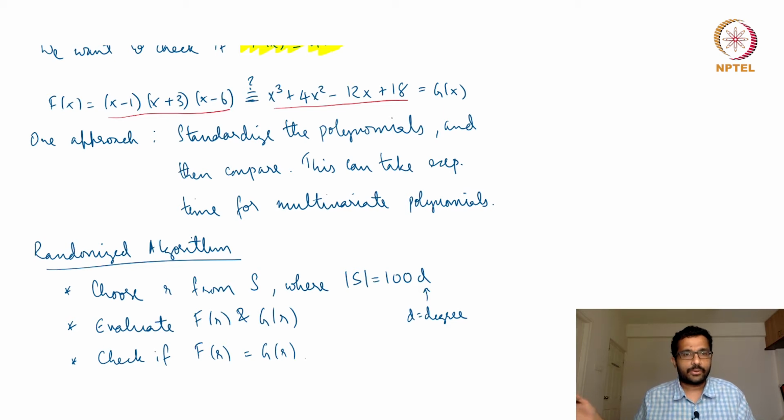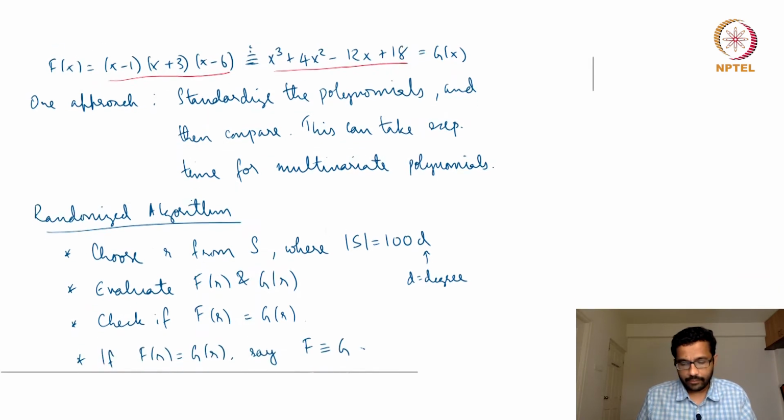So the given polynomial may be in a very crisp short format, but when you try to expand it, it could result in an exponentially long polynomial, and this will make our algorithm non-polynomial time. So this will lead to an inefficient algorithm, which is not something we want to do, right?